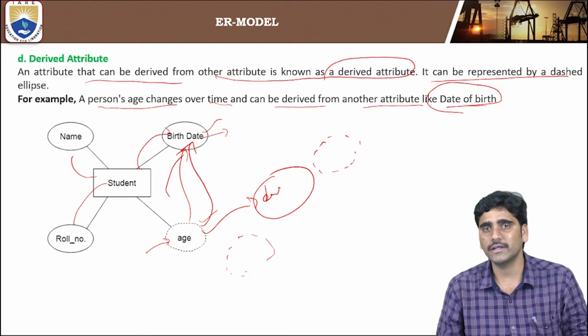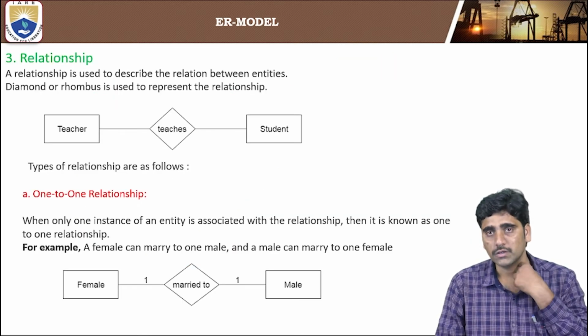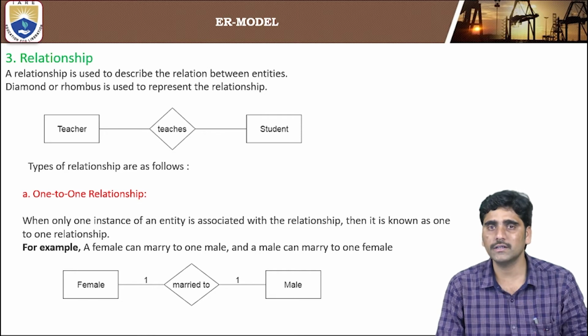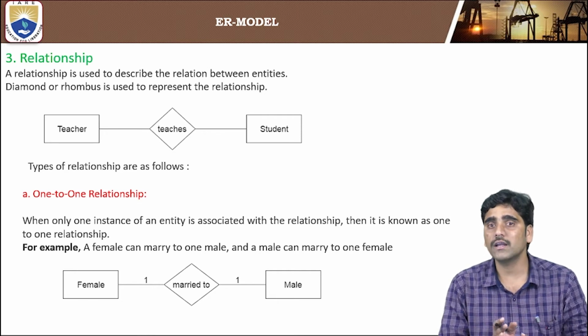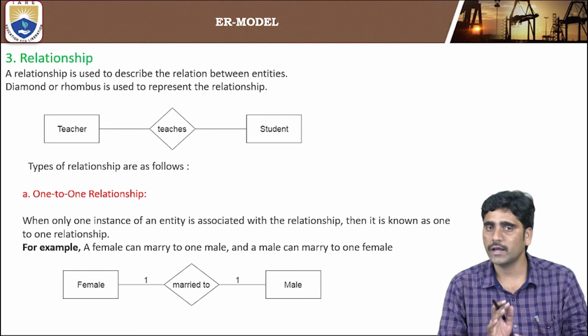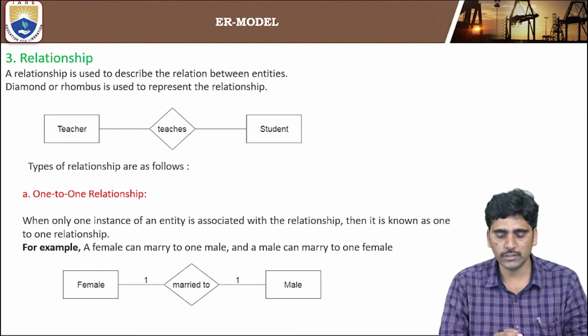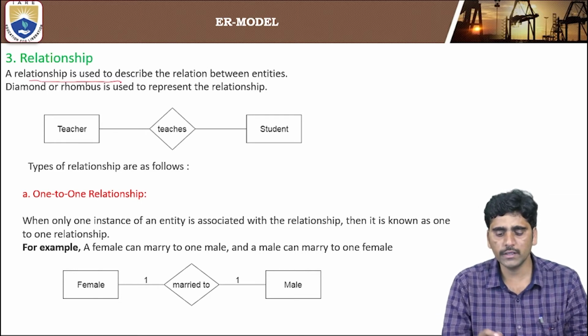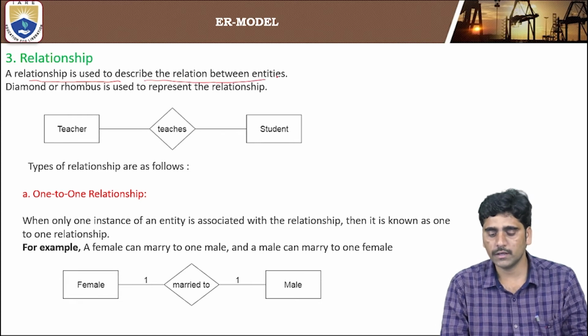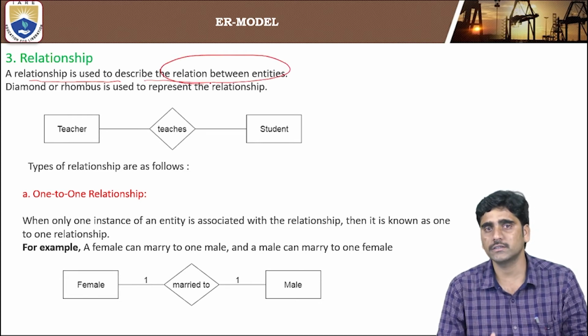And we'll see the next topic, relationship types. A relation is nothing but, as we already said, a logical association or logical connection between two or more entities. A relationship is used to describe the relation between two entities.